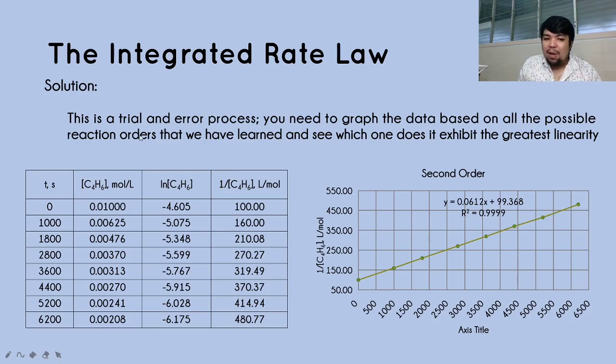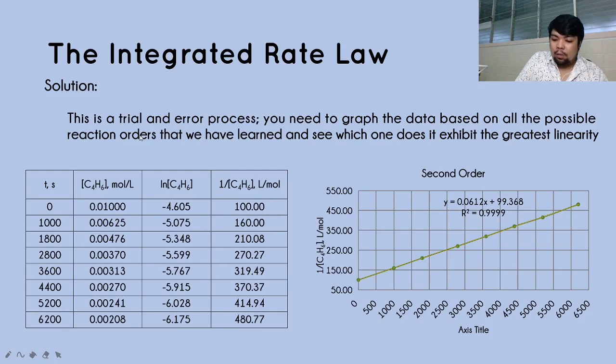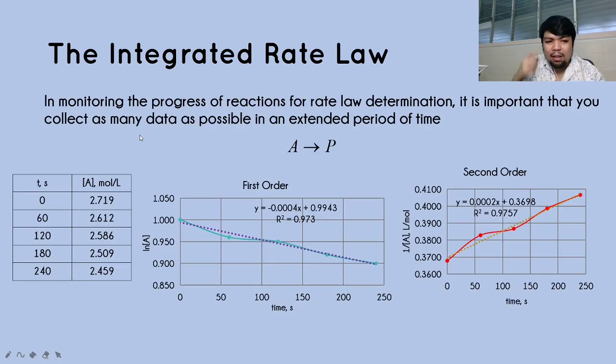So now, based on the data that we have gathered, the reaction is a second order reaction. Now, let's look at the importance of collecting more kinetic data for our reaction.